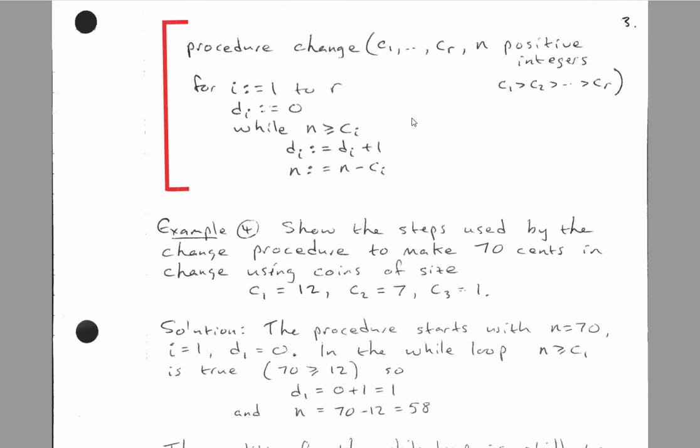A typical kind of question is to show the steps used by this change procedure to make 70 cents in change using coins of size C1 is 12, so we have 12-cent coins, 7-cent coins, and pennies.